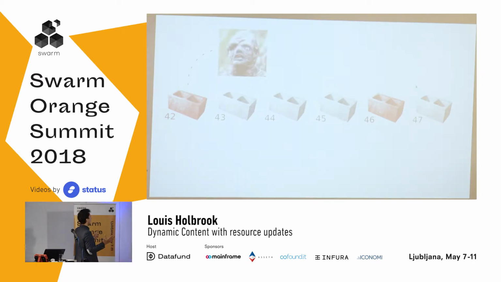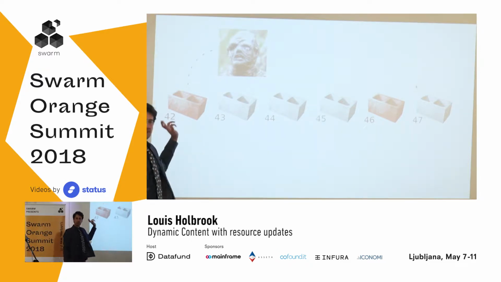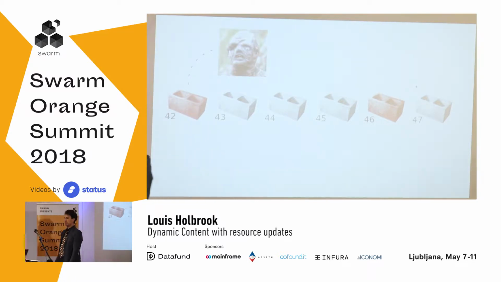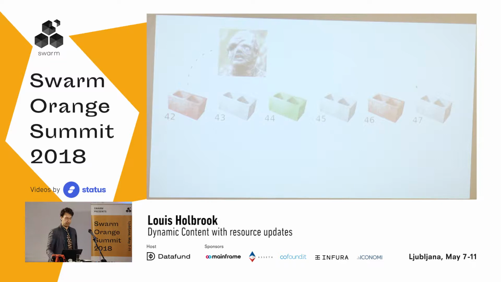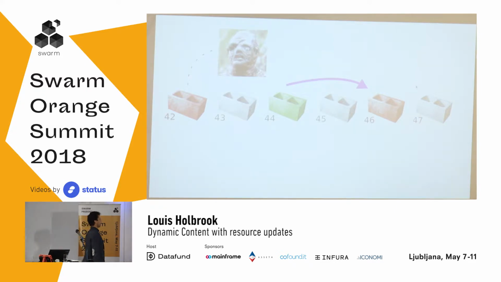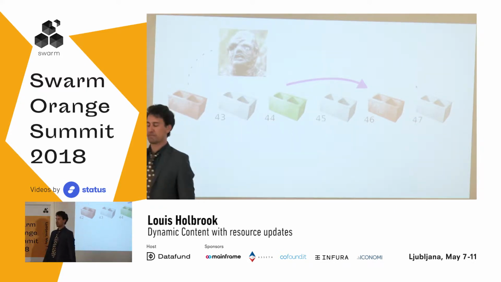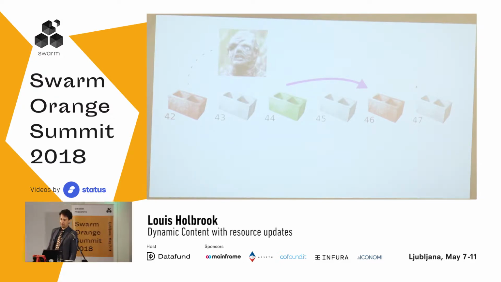Now, let's say there is an update on block 42. And we are currently on block 44. Then we could say the next block in the period, if we have one update every 4 blocks, will be 46.